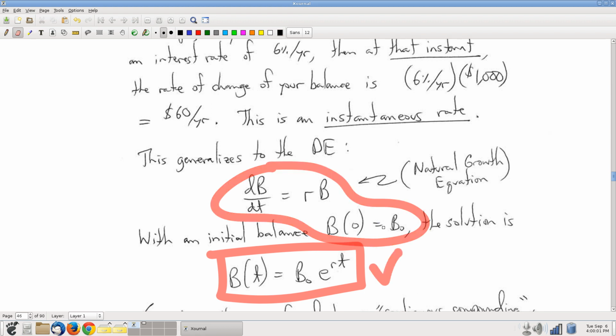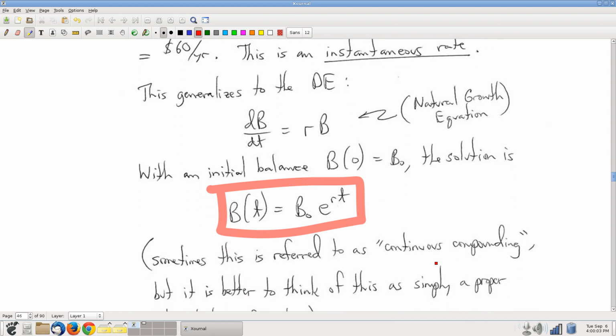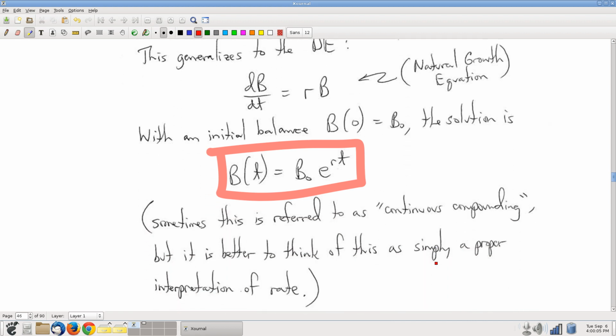Now, you can arrive at this conclusion, as I alluded to earlier, by taking the idea of simple interest and then applying the idea of continuous compounding, thinking initially about finite compounding periods and then increasing the number of compounding periods and taking a limit as it approaches infinity.